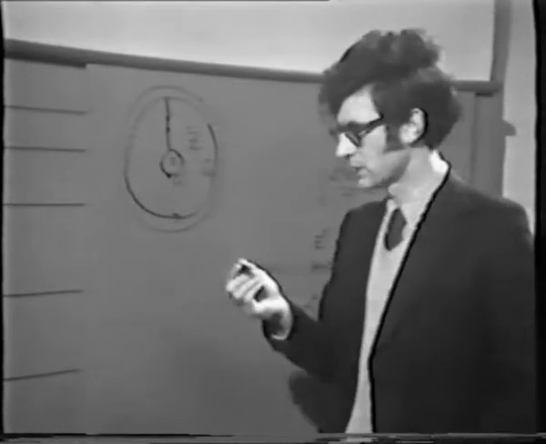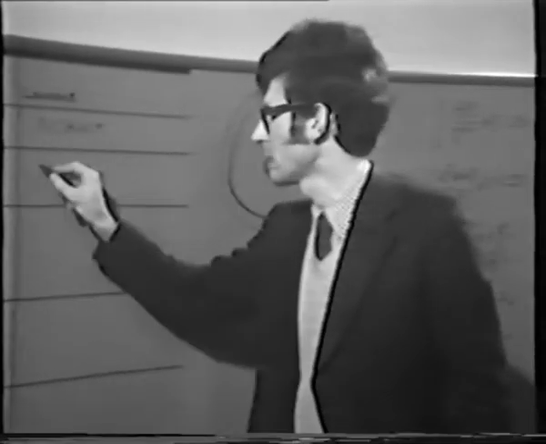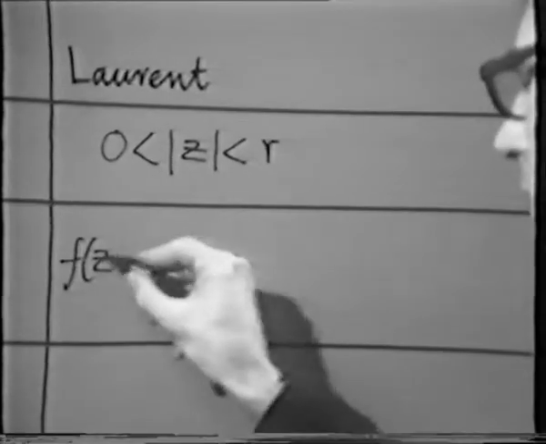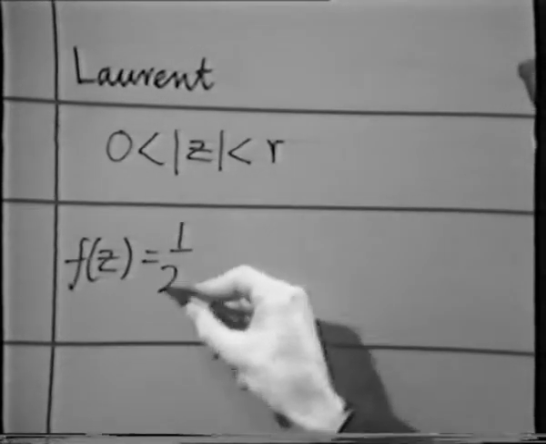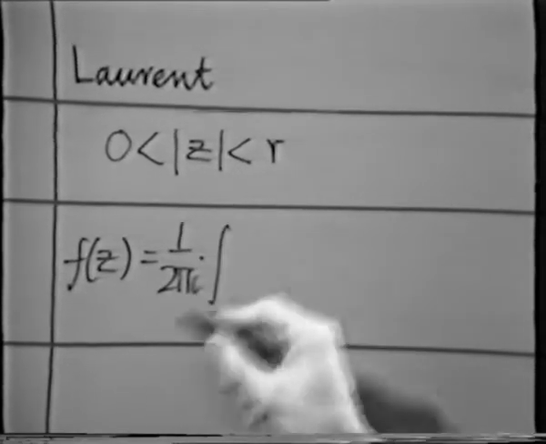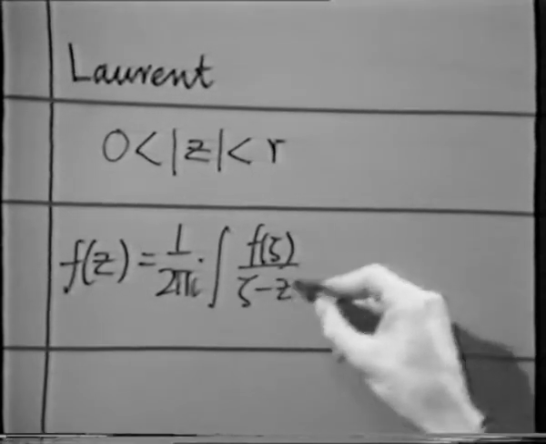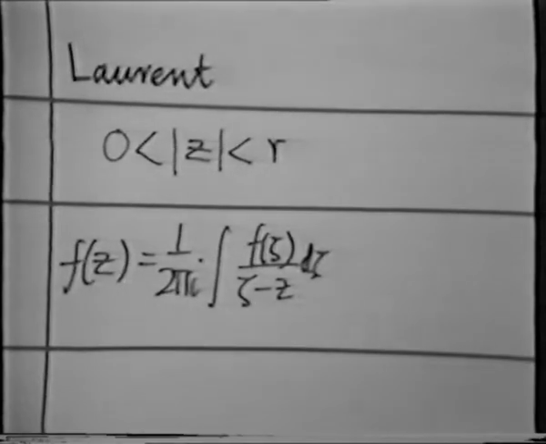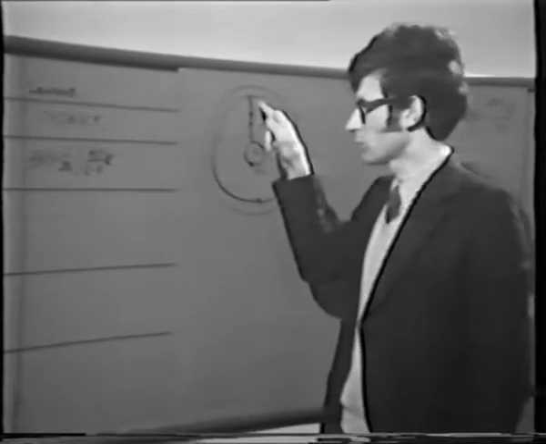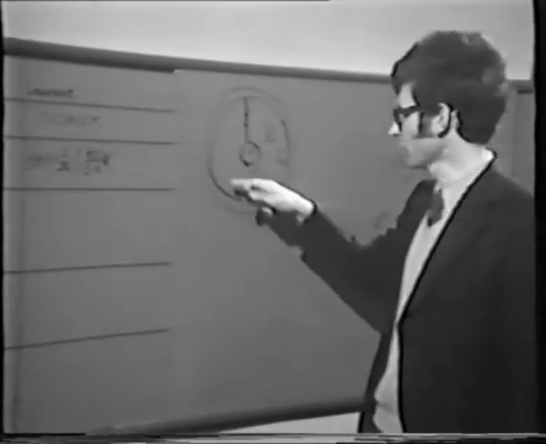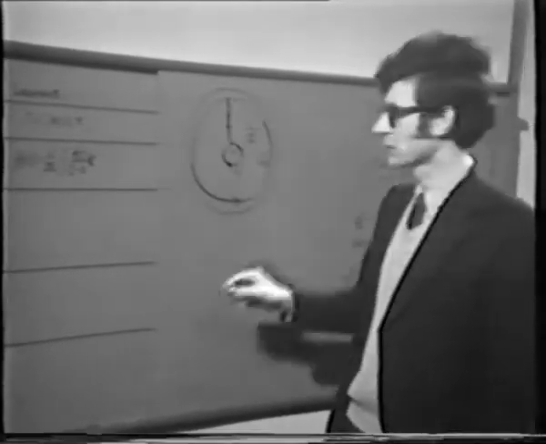I'll write it on the board over here in the next space. f of z is equal to 1 over 2 pi i times the integral of f of zeta over zeta minus z, d zeta, but around this complicated contour. And what have we got on the complicated contour? Well, we've gone once round C2 in the positive direction.